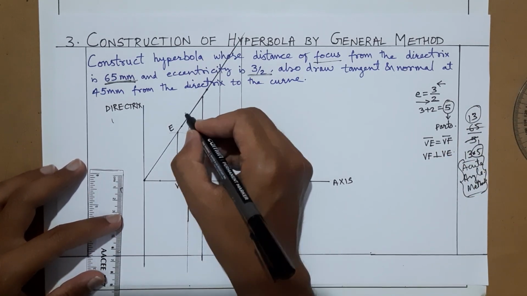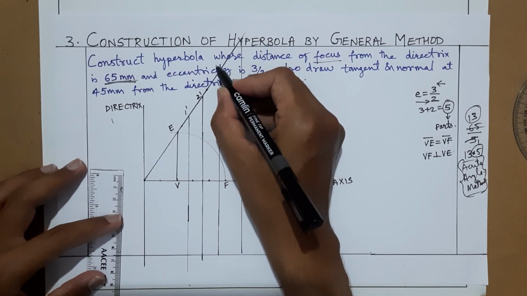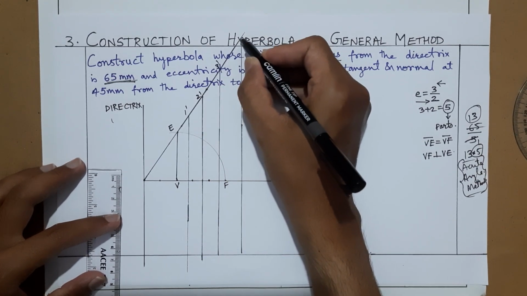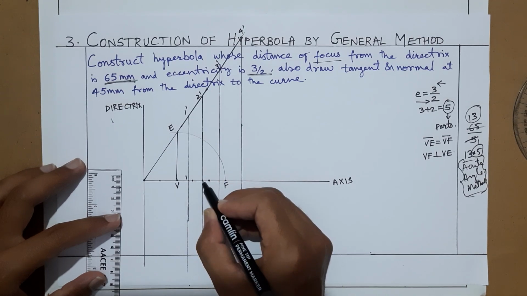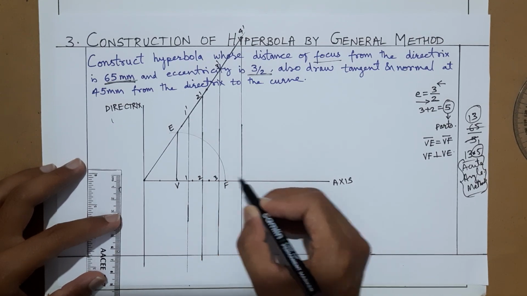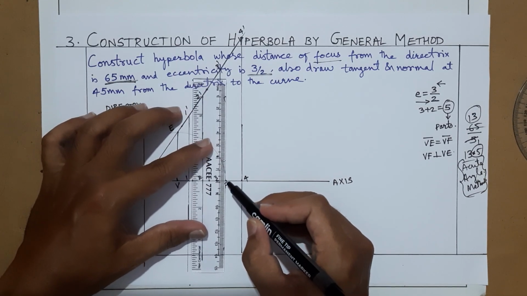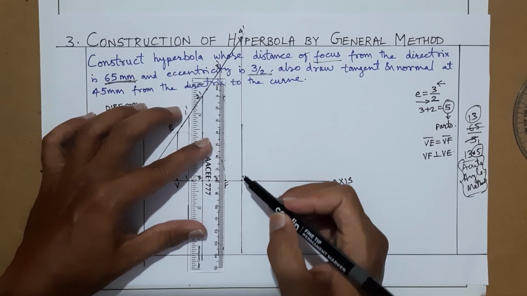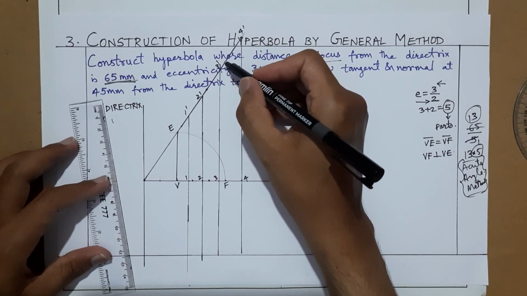Here I am going directly. So this is 1 dash, 2 dash, here is your 3 dash, and where they are intersecting somewhere here is 4 dash. So this point is 1, this is 2, this is 3, this is 4. You don't need to take directly from the focus, because this line as radius, F as center, will get the same point here only.